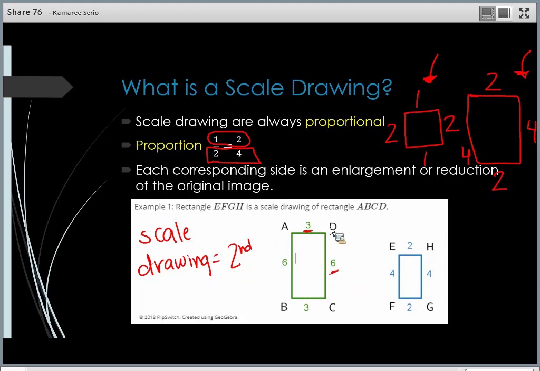So when I look at my smaller rectangle here, the top side is still smaller than the length 4. So over here I would have 3 over 6, which would be equal to 2 over 4.